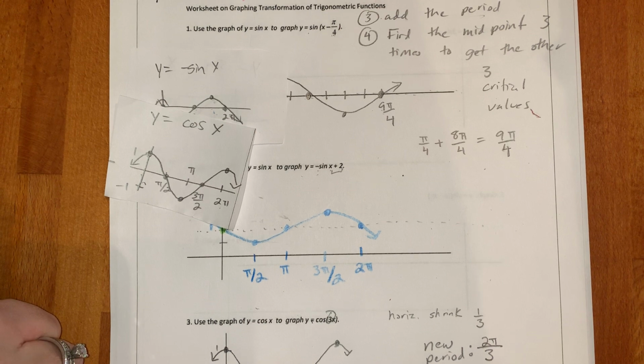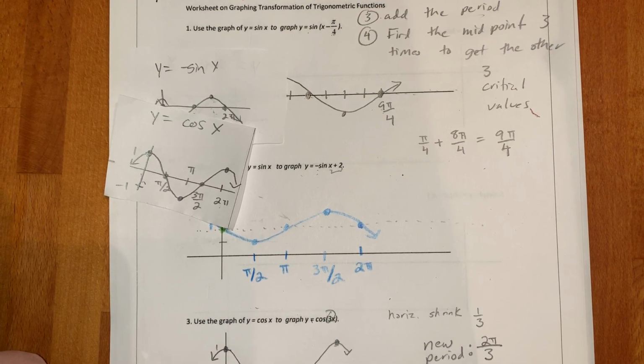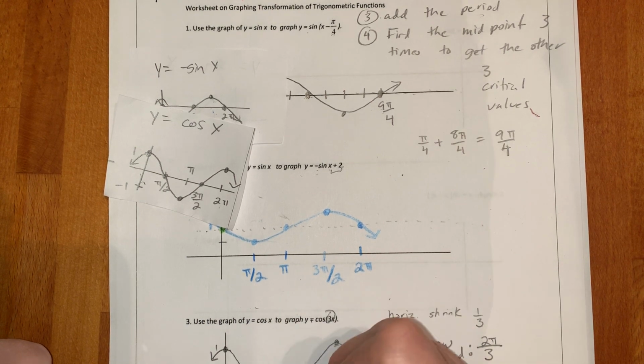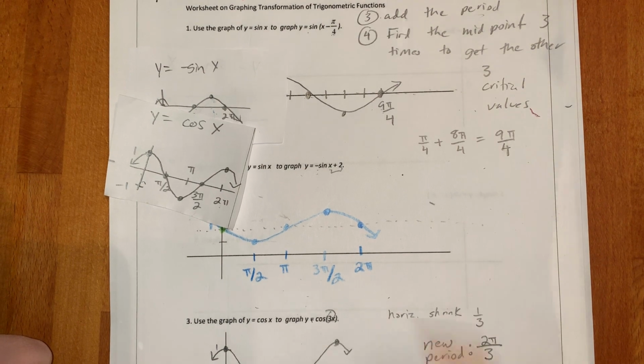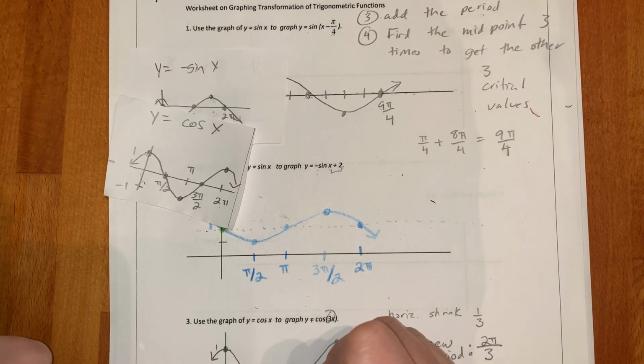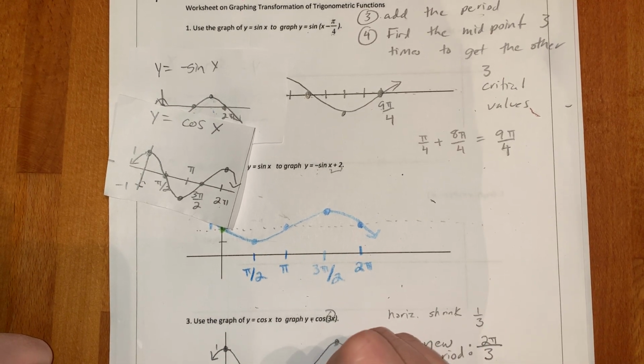So now we kind of know, this is 1 pi over 6, this is 2 pi over 6, this is 3 pi over 6, which becomes 1 pi over 2. And then 2 pi over 3.